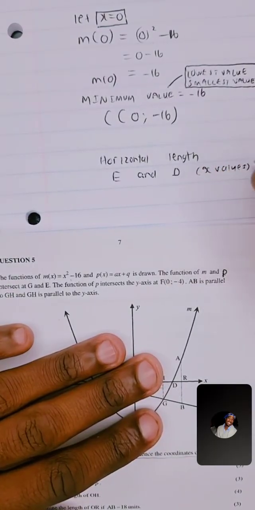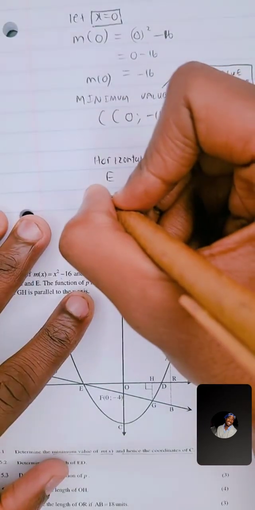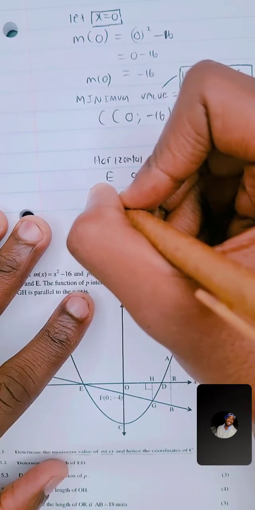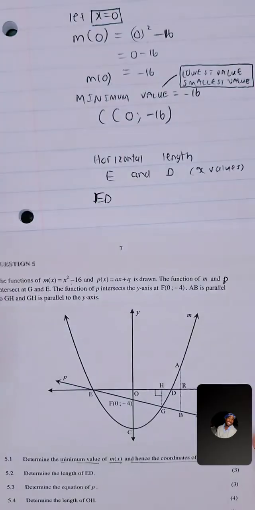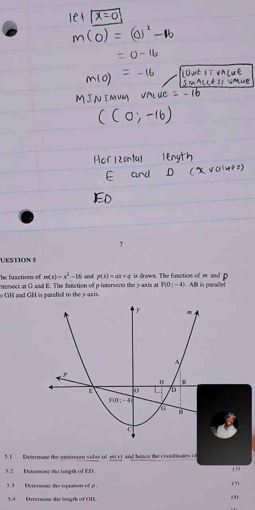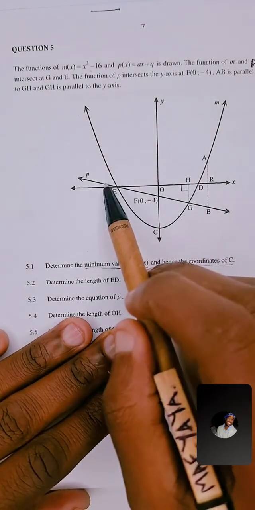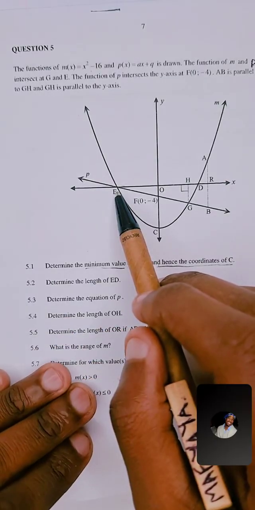Because it is a horizontal length, there's a formula that we use for any horizontal length. If we want the length ED, we check who's on the left of this line. On the left of this line, we have E, right? Yes.